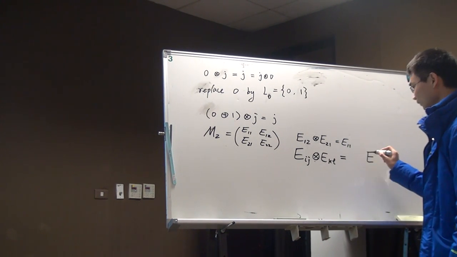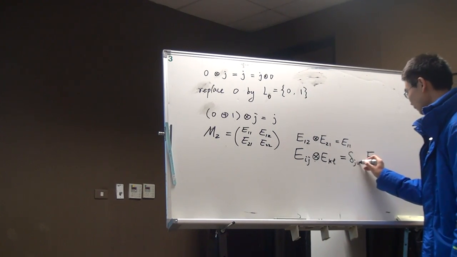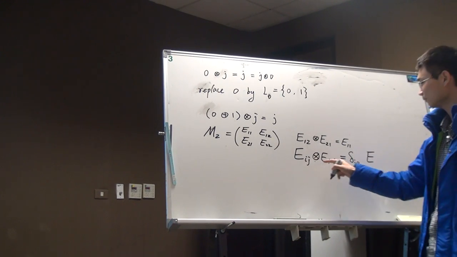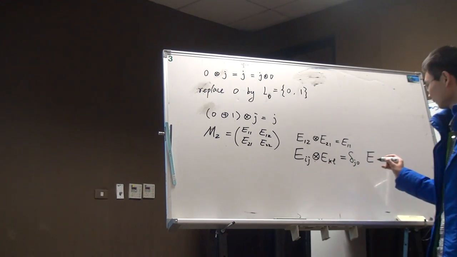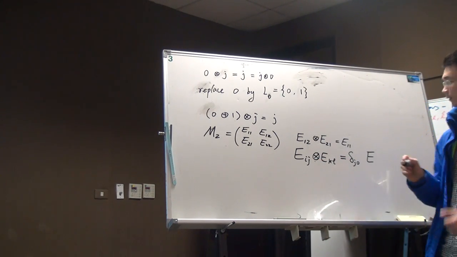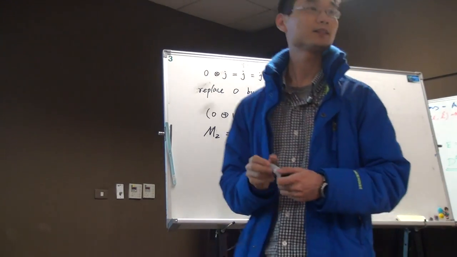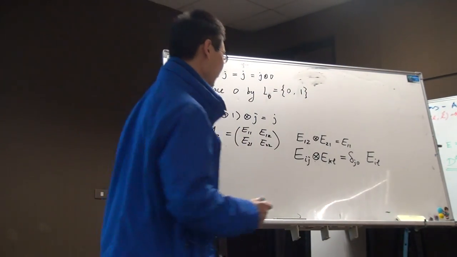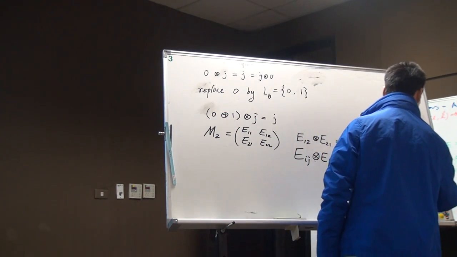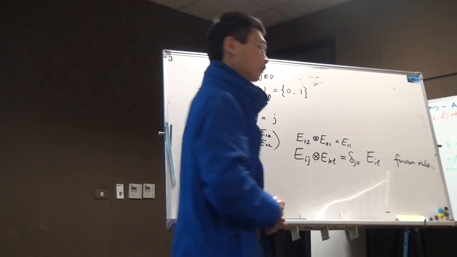And what you get is that the object disappears if j is not equal to k. And if j equals k, then you can do the multiplication and you get il. So this is the general fusion rule of two matrices.